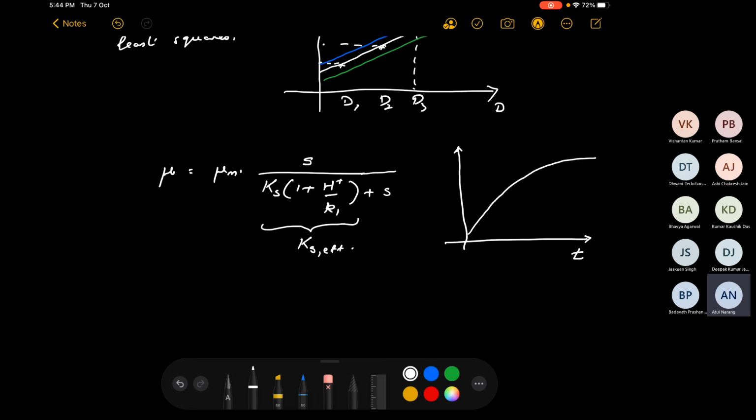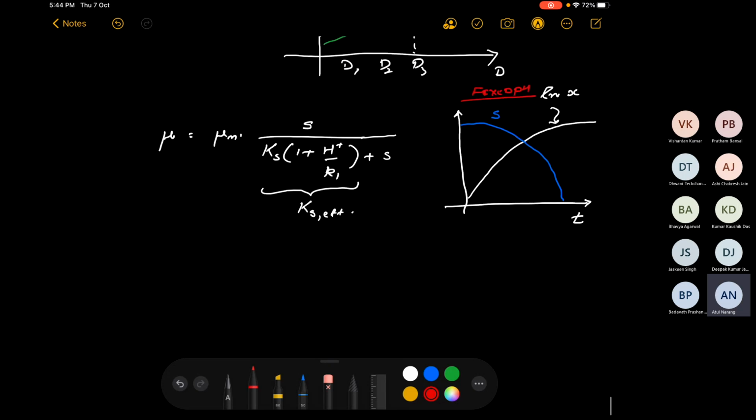And let's say this is your value of S. So this is S, and this is ln of X. In one experiment, this is done at a fixed pH. So this whole experiment is done at a fixed pH.